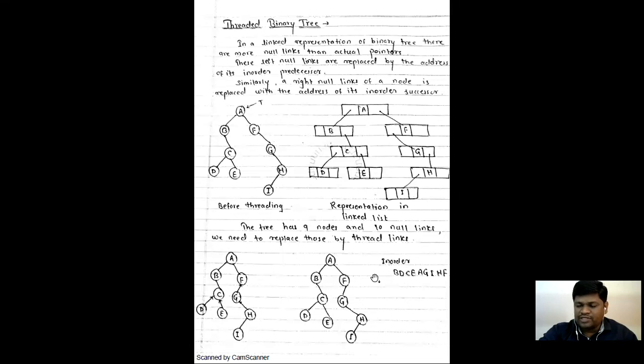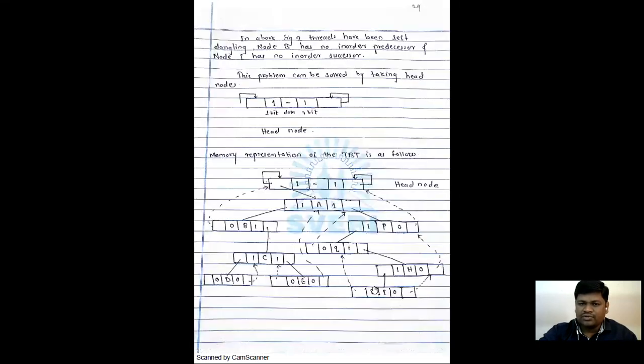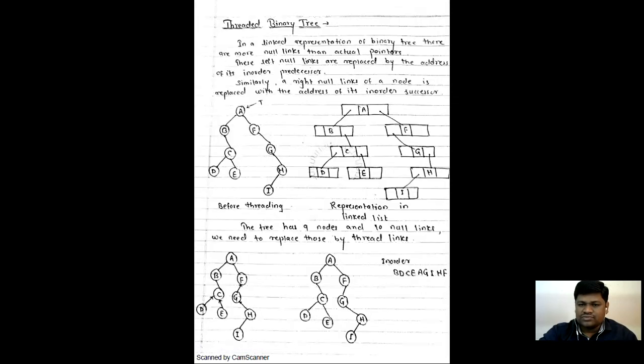Or here node B is there. Now we see node B is there. Now for B, is there any successor available? Now what is the problem here? What is the value of the right pointer of B?